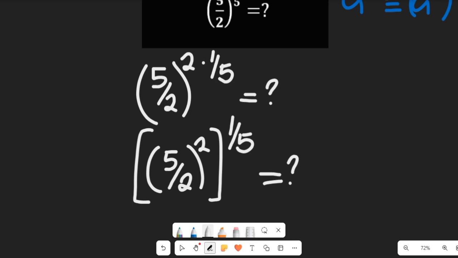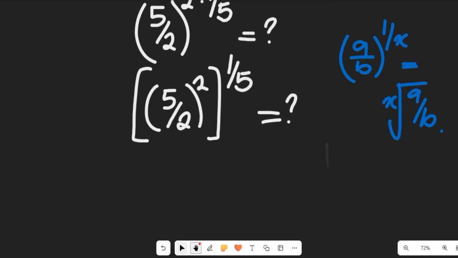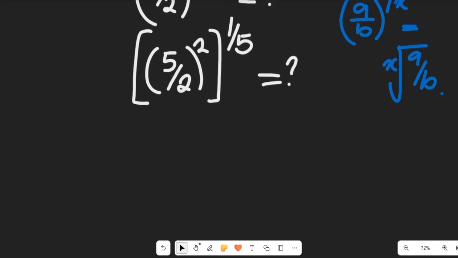Recall one law of indices: if I have a divided by b, all to the power of 1 divided by x, this gives me the x root of a divided by b. So that means I can find the fifth root of that expression.